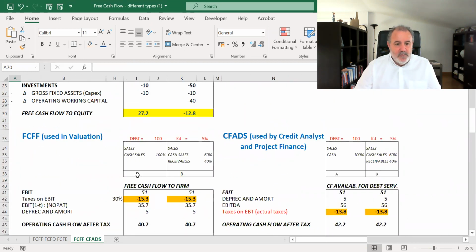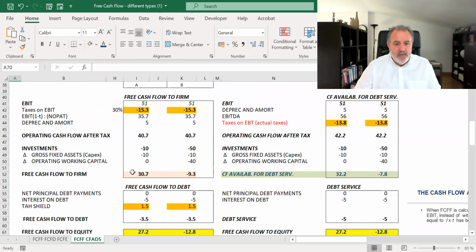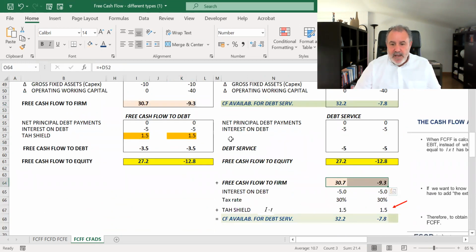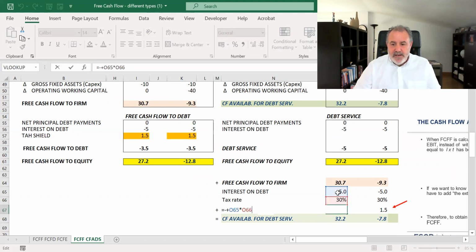Remember that this was the free cash flow to the firm that we calculated. This is the same that I have here, right? And then there's the interest on that, okay? And then the tax rate is this one, and the tax shield is, as you can see, the nominal interest times the tax rate, what we call the tax shield.